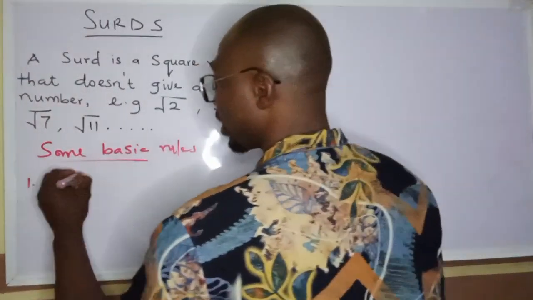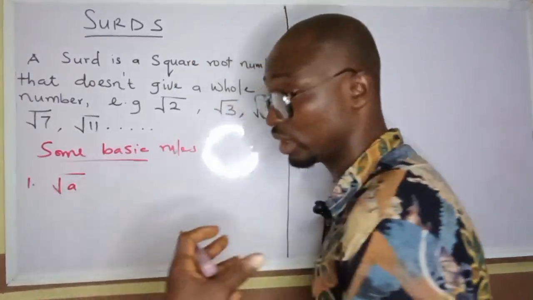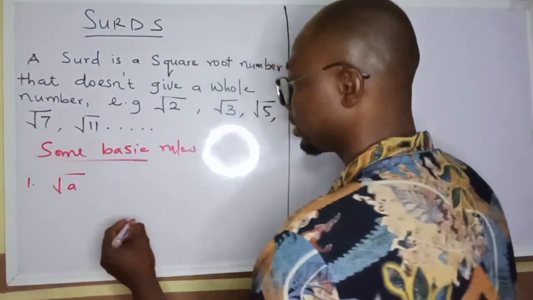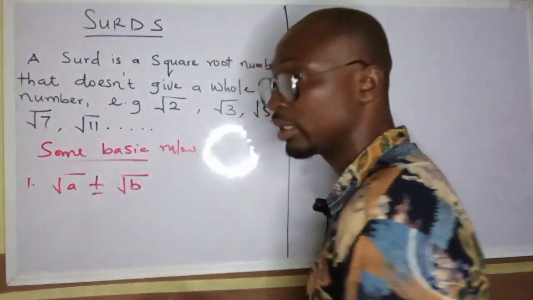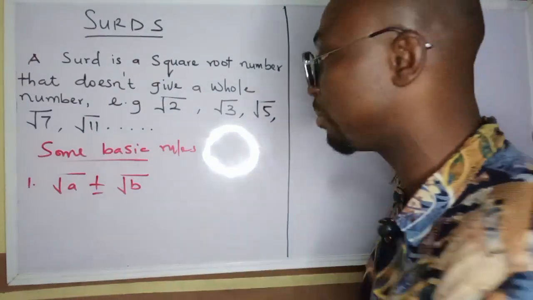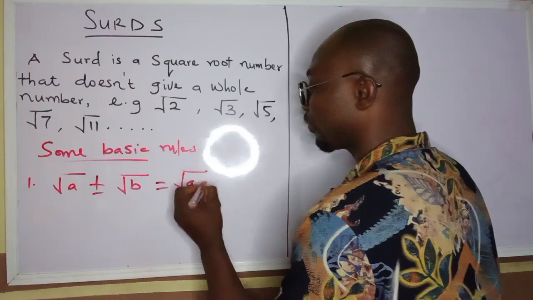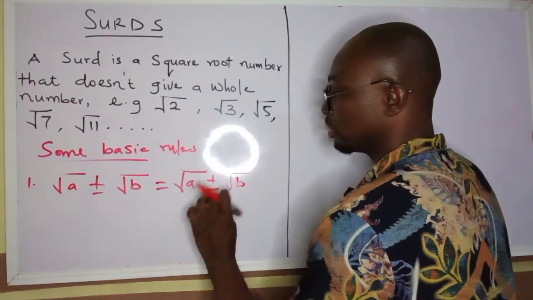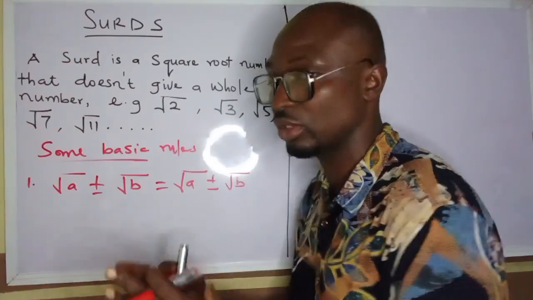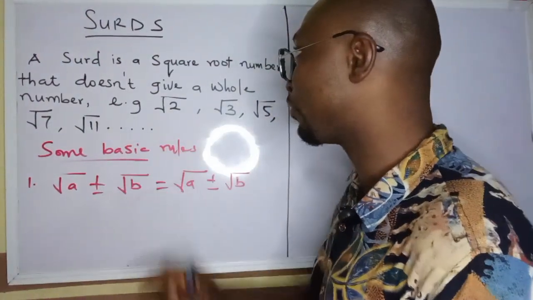If you have the square root of a number which does not give a whole number, plus or minus the square root of another number which does not also give a whole number, the answer becomes the square root of A plus or minus the square root of B. The plus or minus is just combining both the addition and subtraction rule of sword.